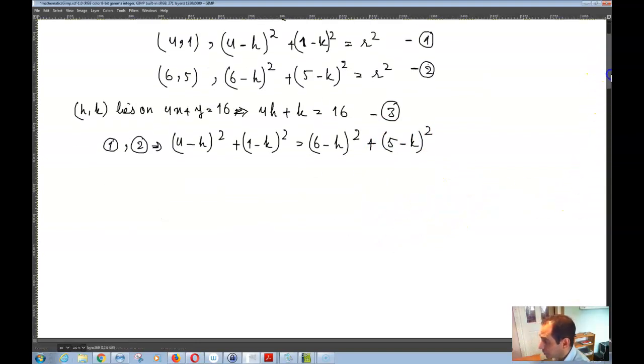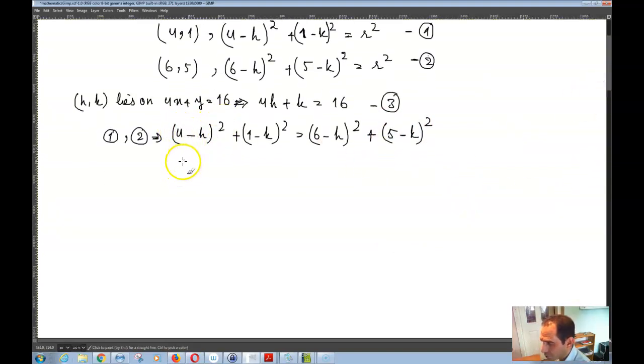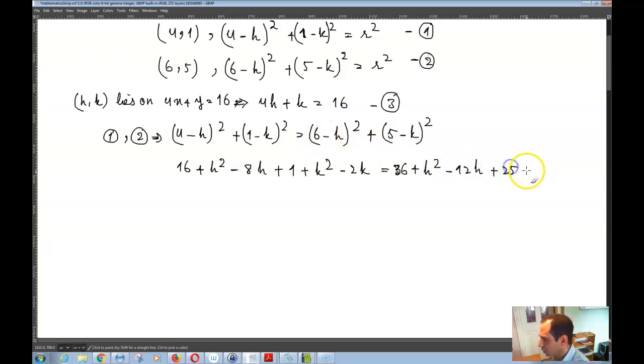And so that means that 4 times 4 is equal to 16 plus h squared minus 2 times 4 times h, that's 8h, plus 1 squared is equal to 1 plus k squared minus 2k is equal to 36 plus h squared minus 12h plus 25 plus k squared minus 10 times k.